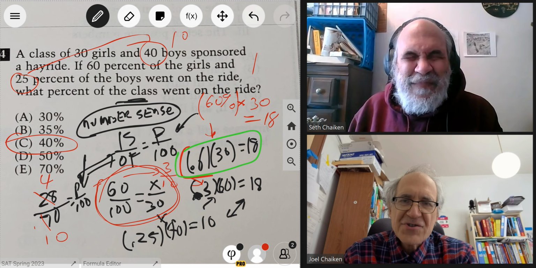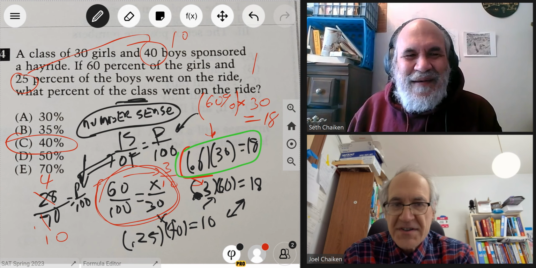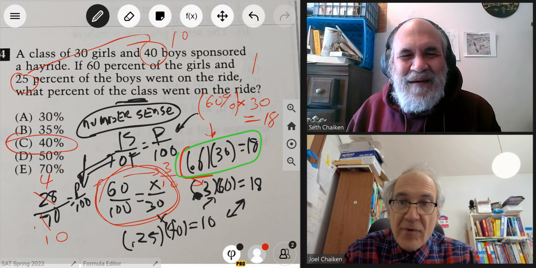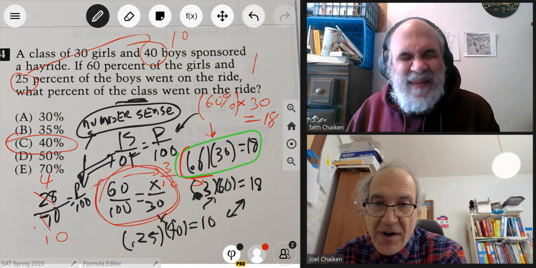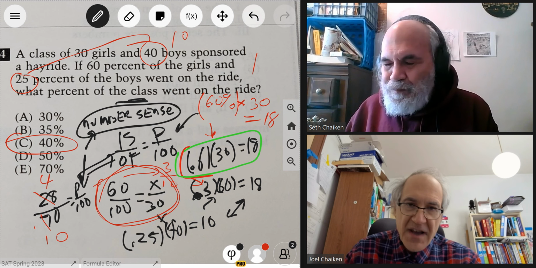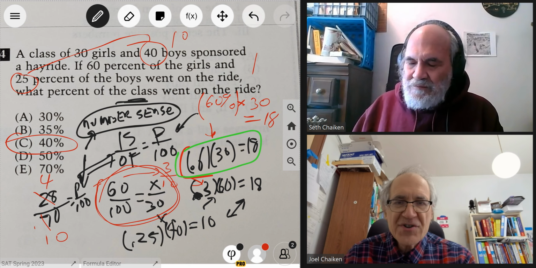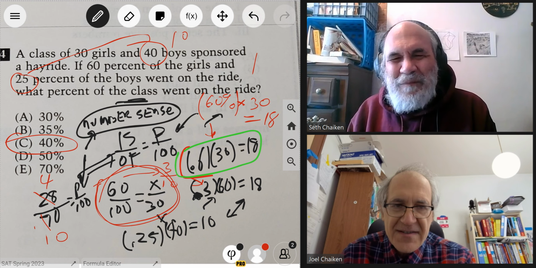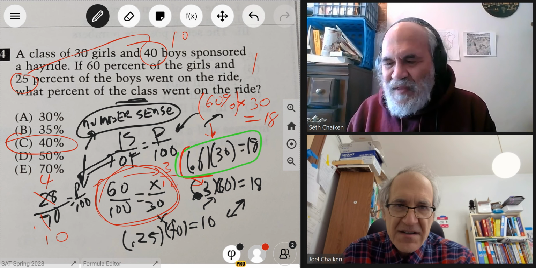So that's true. The older tests, even if we try to find a question that could be on a modern test, really required you to have more of a number sense, to just know that 60% of 30 is 18.